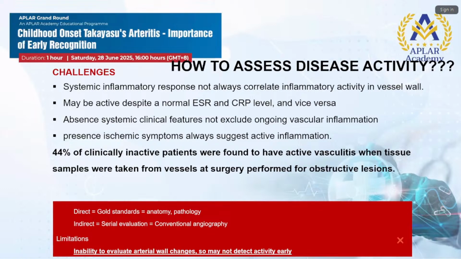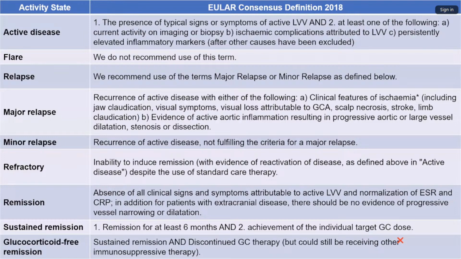Absent systemic clinical features do not exclude ongoing vascular inflammation, and ischemic symptoms are not always due to active inflammation. There are some recommendations by APLAR about assessing active disease of large vessel vasculitis that we can use.